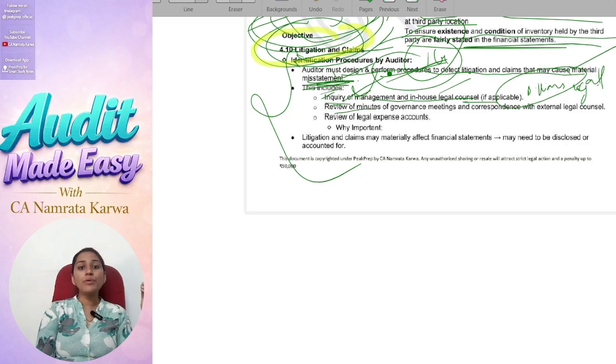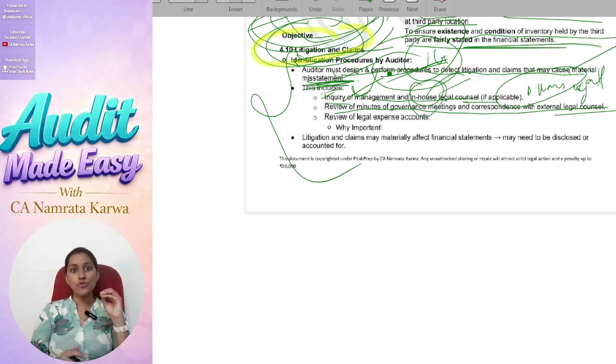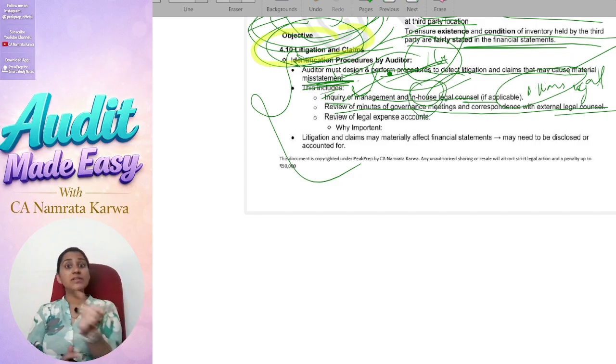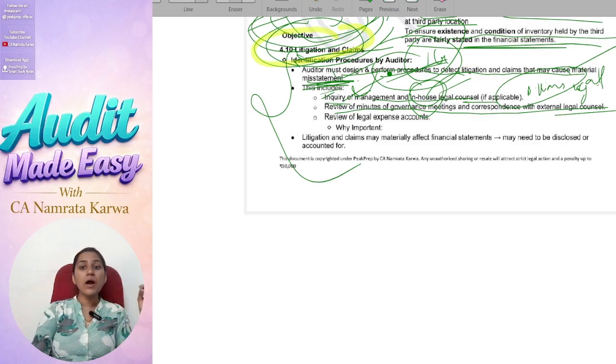Then the review of minutes of governance meetings and correspondence with external legal counsel. See, one is the company's in-house legal counsel, which the company has to create, and the other is the external legal counsel, and this external legal counsel will be unbiased.